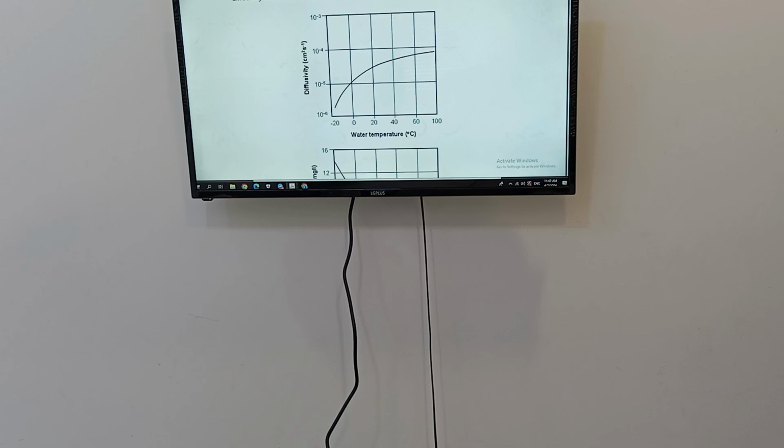We have here the diffusivity against water temperature from negative 20 to 100.